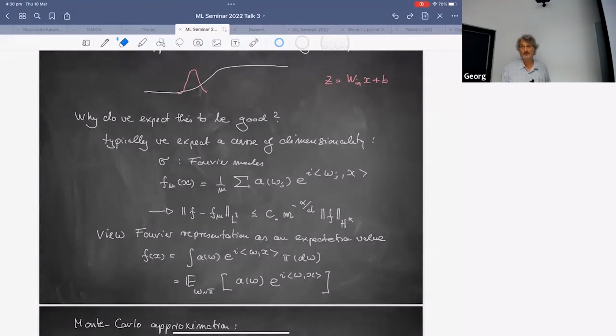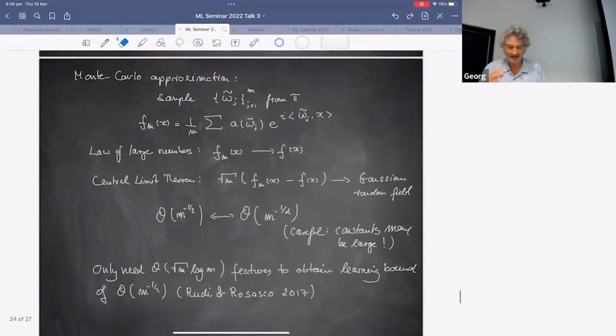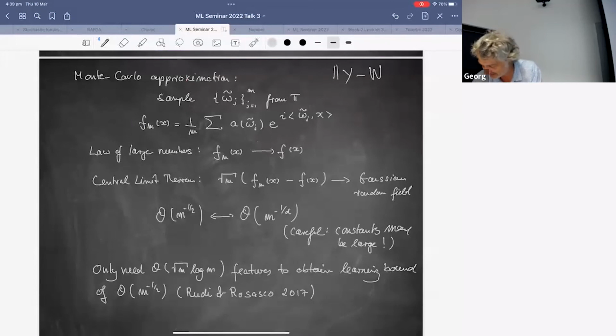Oh, the question is whether there is any argument also from an optimization point of view why they are so much better? There is. Here you have a linear problem, right? So if you want, let's say a y, now you got your W and these funny random features. Let's call this whole thing capital phi, right?